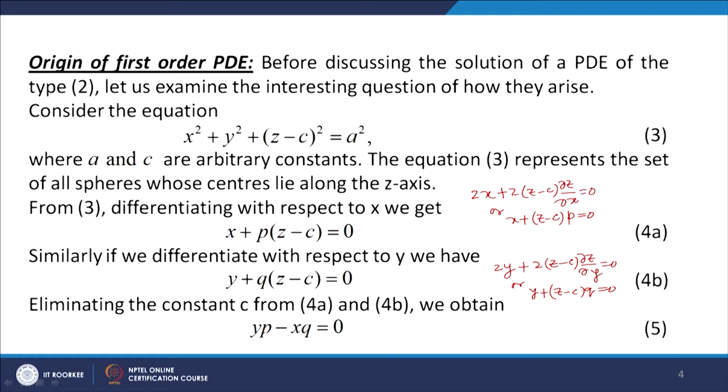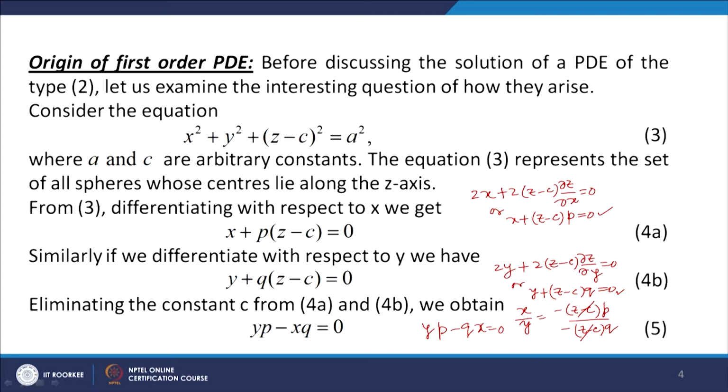Now, if we want to eliminate the constant c from x + (z − c)p = 0 and y + (z − c)q = 0, then we can write x/y = (z − c)p / (z − c)q. So, we get qx = yp, or yp − qx = 0.